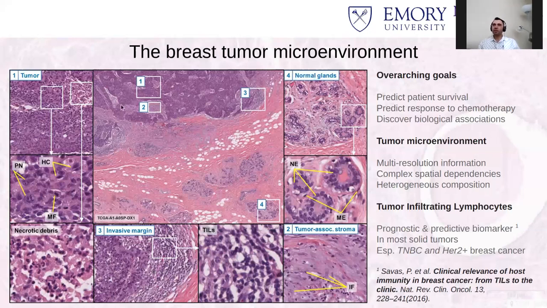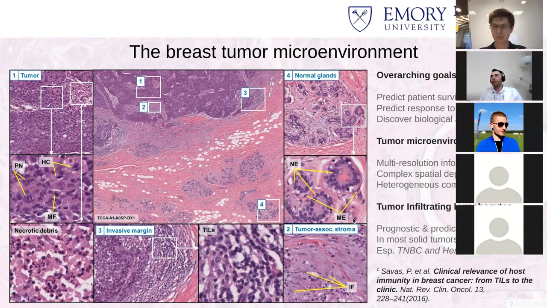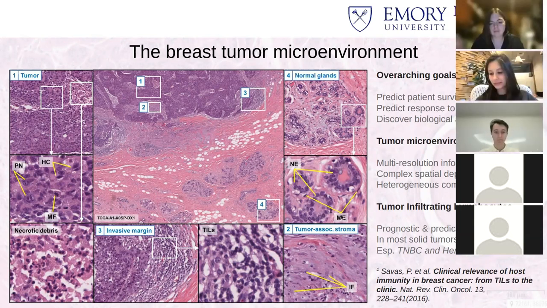So now I mentioned the medical aspect of this, or at least briefly alluded to it. From a computational perspective, this is a difficult problem, because as you can see here in the various panels, there are so many variations and so many different patterns all within the same slide. So this is equivalent to having a natural scene.